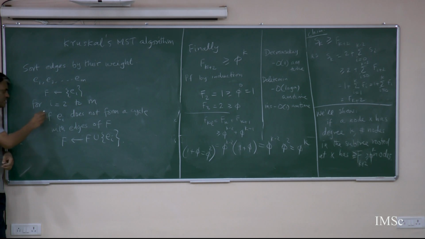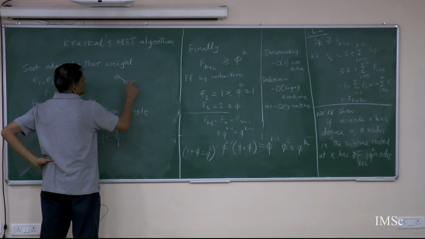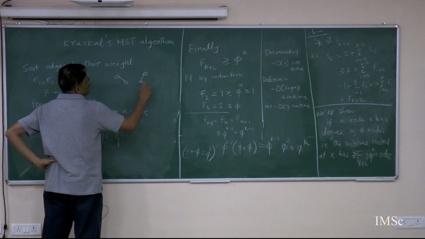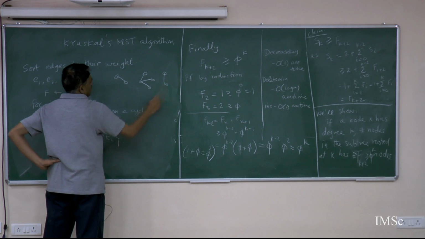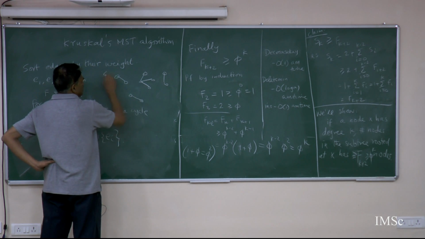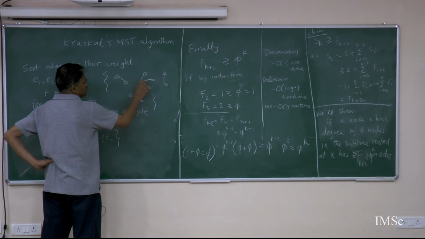But I need to think about how to implement this. The key thing is, what kind of data structure do I want to maintain so that this step becomes easy? At any point of time, what do I have in F? F will have edges like this. It's a collection of trees.